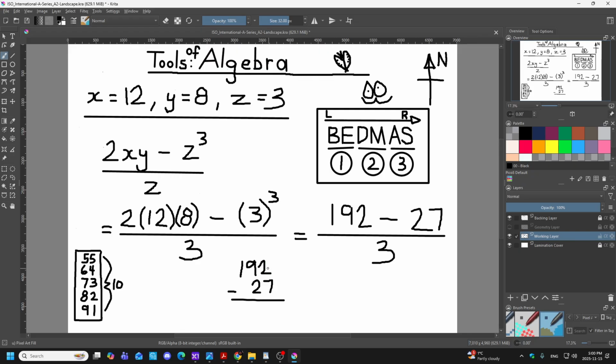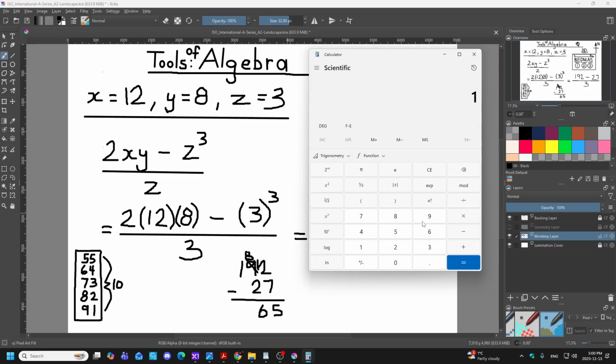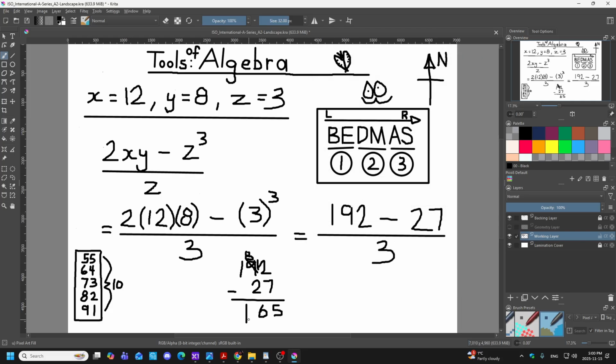We got to borrow because 2 is less than 7. I'm going to borrow from the 9, which makes that an 8. And this a 12. 12 take away 7 is 5. 8 take away 2 is 6. 192 subtract 27 is 165.